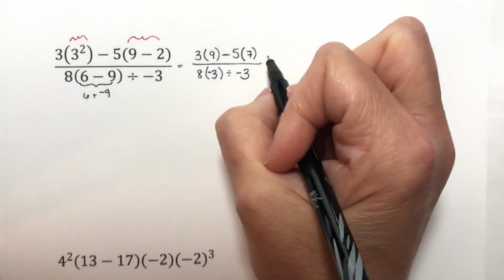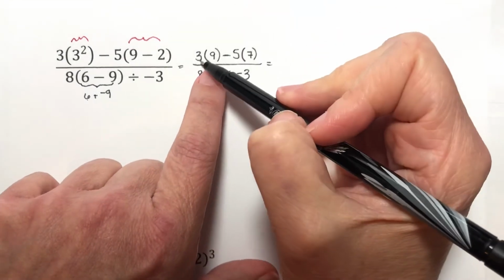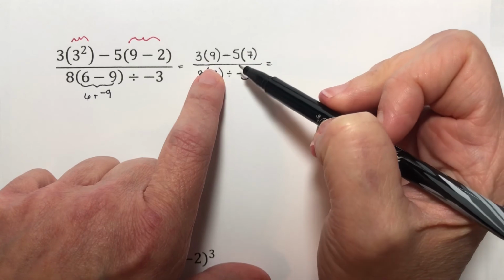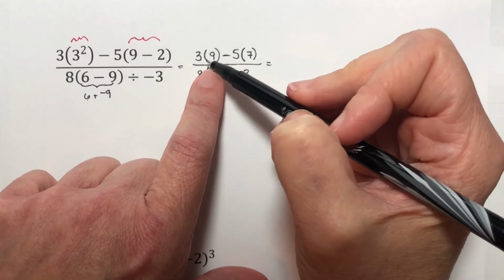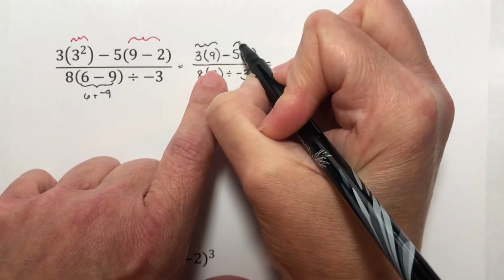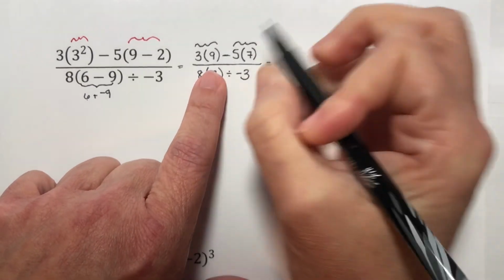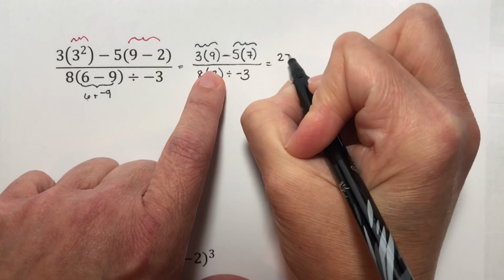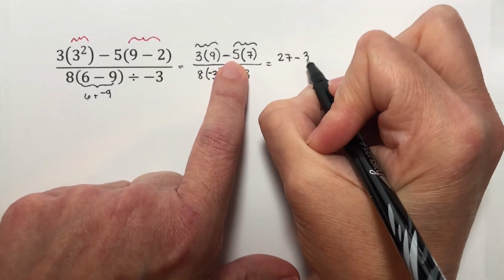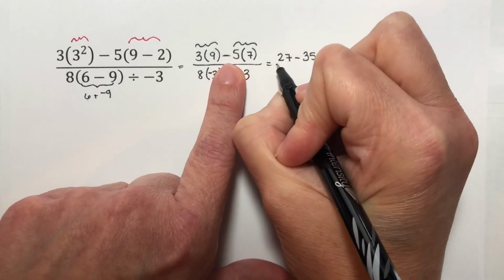Okay, so now let's keep going with the top problem. I have no more exponents, the parentheses are simplified, so now I do the multiplications from left to right. Here's a multiplication, and here's another one. 3 times 9 is 27, minus 5 times 7 is 35, over.